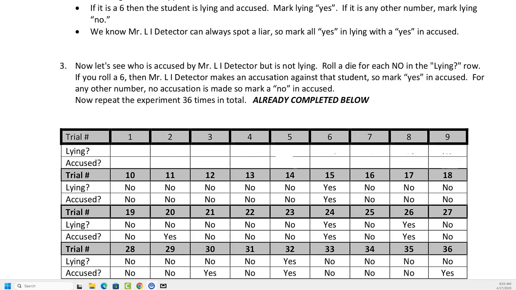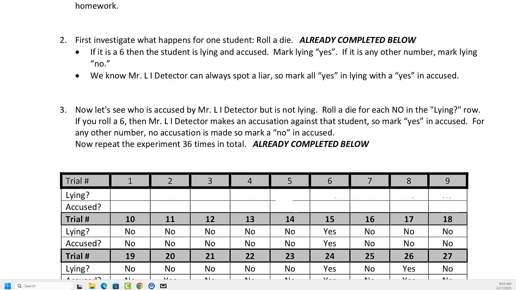lying. And so notice here it says if it is a 6, when you roll a die, then the student is lying and accused. So mark lying, yes.